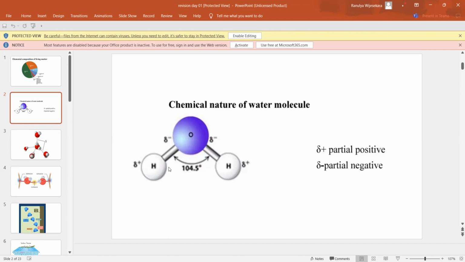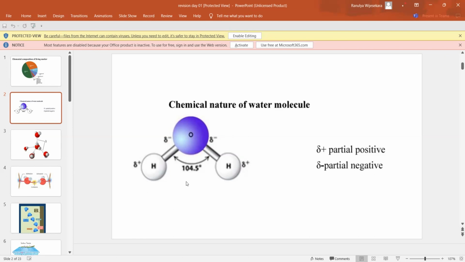Two hydrogen atoms are bonded to one oxygen atom. This is an angular molecule, right? Between these two OH bonds, there is an angle and it is 104.5 degrees. 104.5. There are some MCQs, right? There was one MCQ in a school paper, the first MCQ in that paper, asking what is the angle in the water molecule.